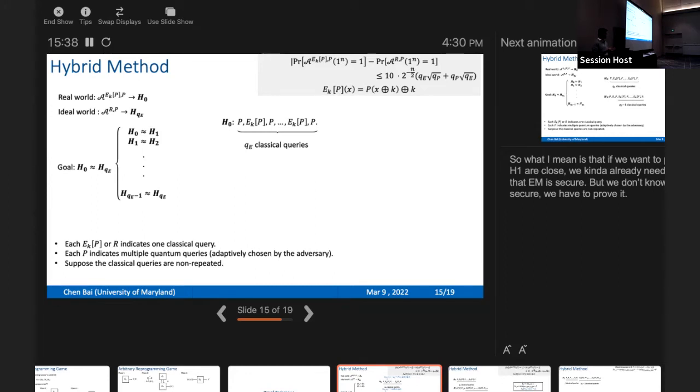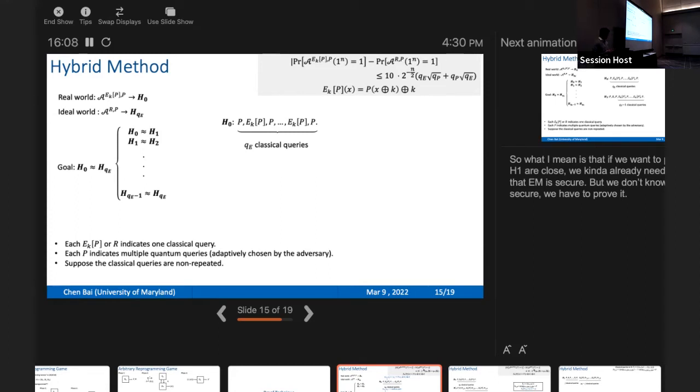So for example, this first stage corresponds to a period between the first and the second classical query. And here, the adversary can adaptively choose how many queries she makes in each stage. That's why our theorem works for an adaptive adversary. And in total, the adversary makes QE classical queries and QP quantum queries.